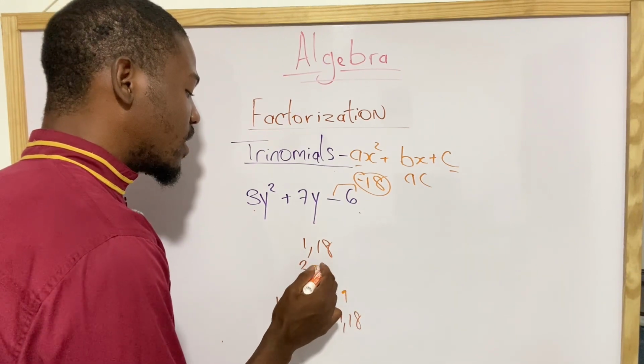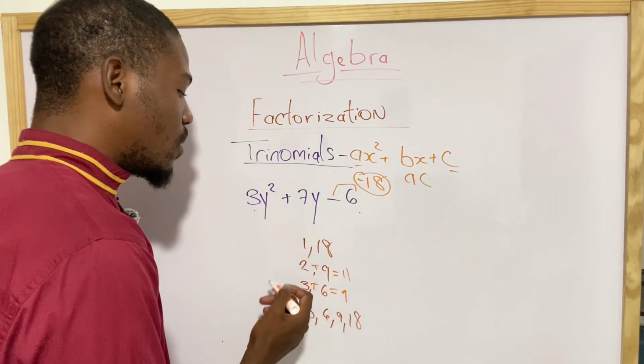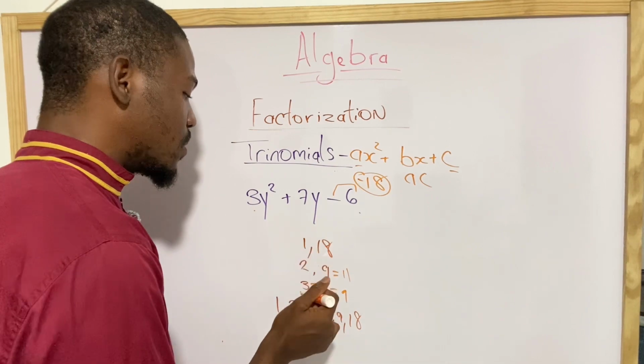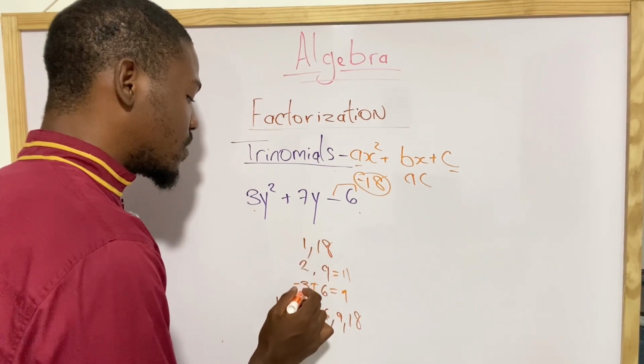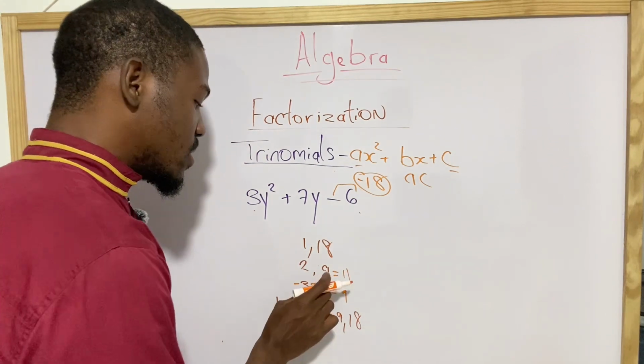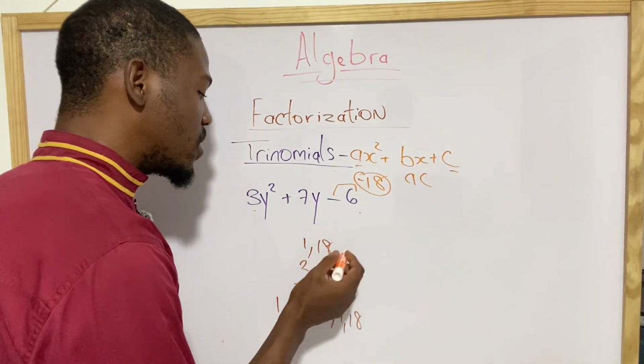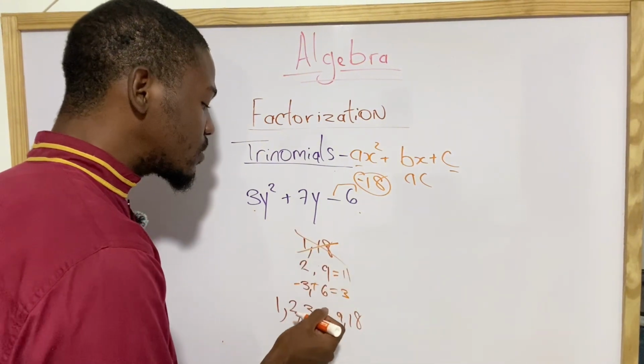If we were to add 2 and 9, it gives us 11. However, if we had a negative 3 and a positive 6, because we're looking for a negative and a positive, that will give me 3. We already know we can rule out this one.